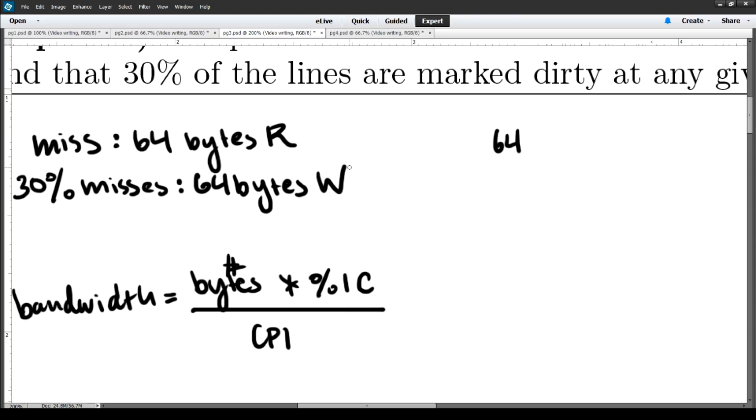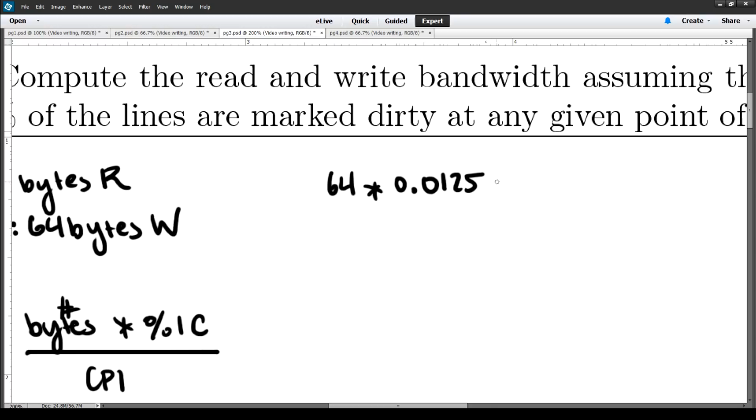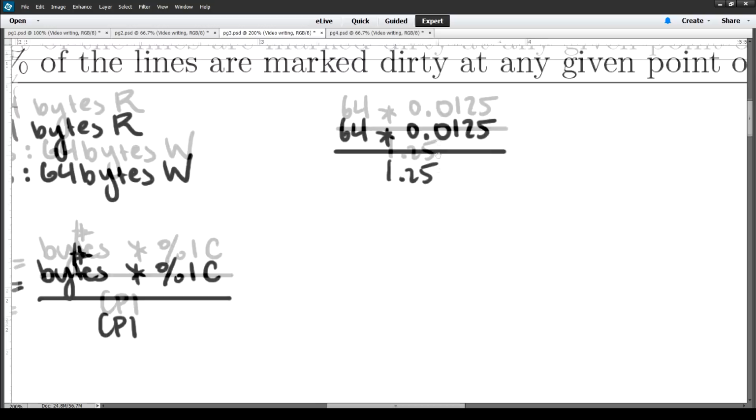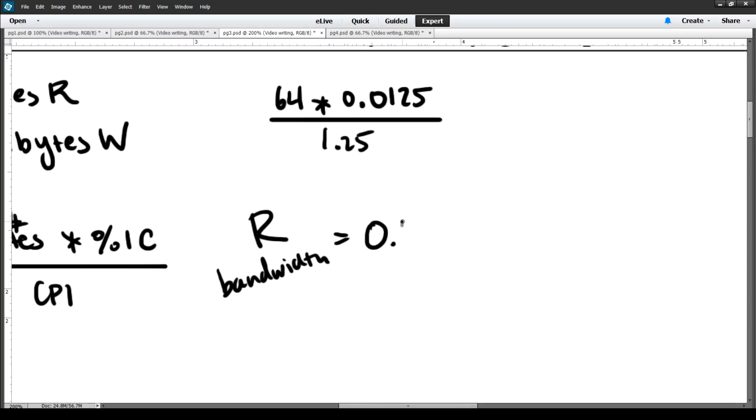We calculated last time that it was a total of 1.25%, or 0.0125 of all instructions resulting in a miss. Again, we're going to divide this by 1.25, and the read bandwidth is the same as before. It's going to be 0.64 bytes per cycle.